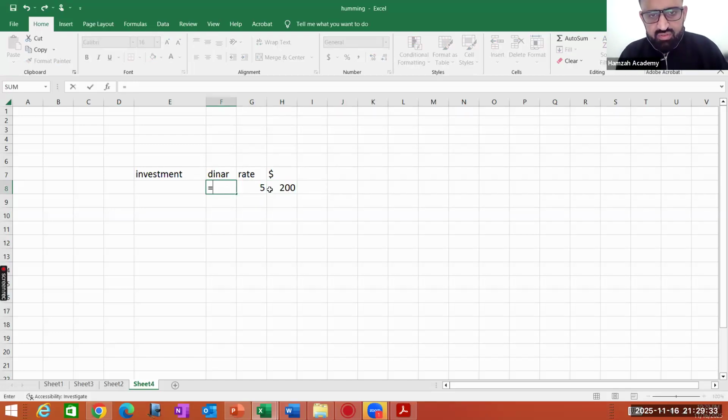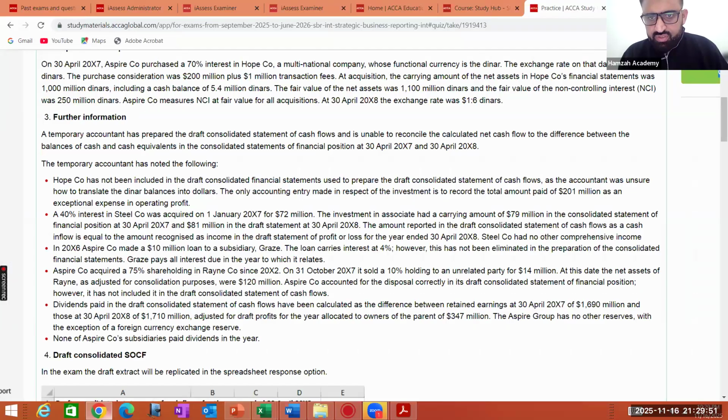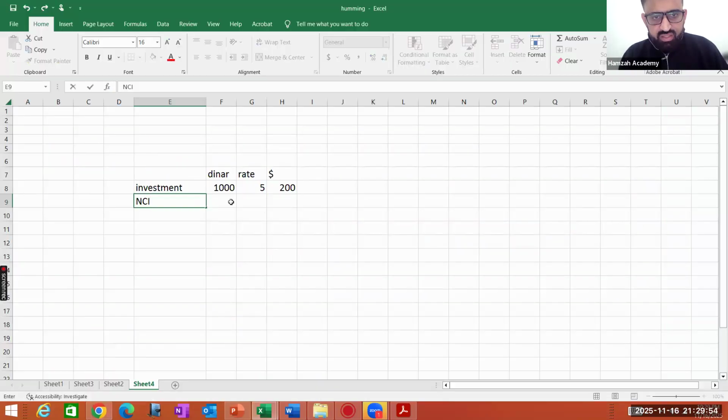So in terms of dinar, the value of the investment was 1000. And the value of the NCI at the date of acquisition was 250 million dinar, and the exchange rate is 5. So 250 divided by 5, and in terms of dinar it will be 1250.